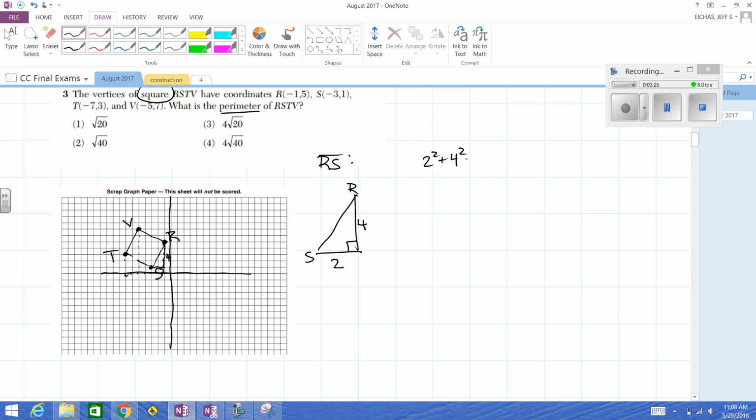I'm going to use the Pythagorean Theorem, so that's going to be 20. So the square root of 20 is RS's length. Now, we need 4 of those. So the perimeter of the entire square would be 4 times the square root of 20.